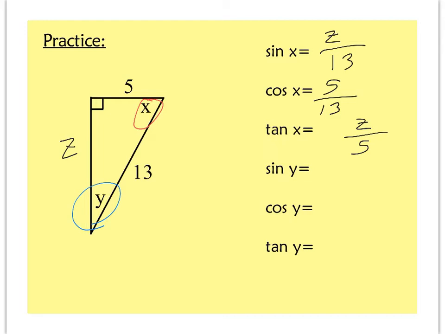So sine of y, some old hippie, S-O-H, right? Opposite over hypotenuse. As I said, my opposite side for this one is 5. Over the hypotenuse, which has not changed, is 13. Cosine, caught another hippie, C-A-H, right? Adjacent over hypotenuse. My adjacent side is my unknown side on this one, so I'm going to say z over hypotenuse, z over 13.